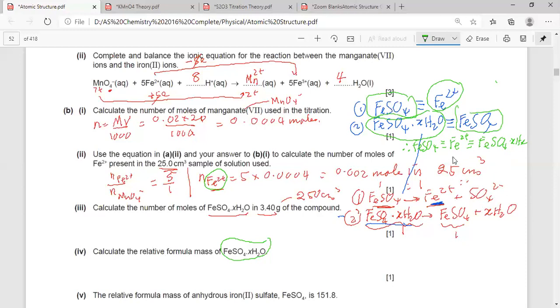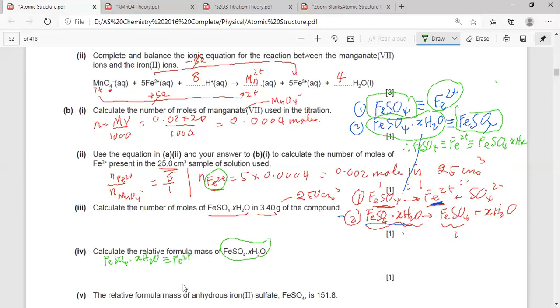So I can put down here FeSO4.XH2O is equivalent to number of moles of Fe2 plus.